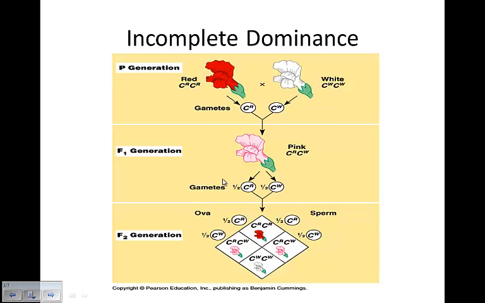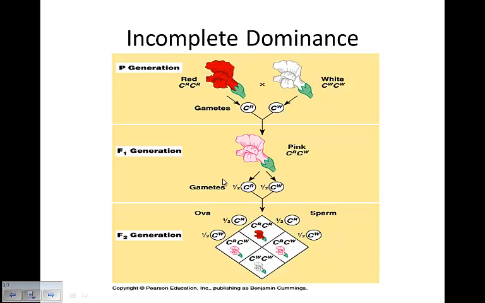All right, incomplete dominance, on the other hand, is where information from both alleles is expressed. So both alleles are going to show. In this case, we have the red and the white, and we're blending these. Now, this is what they used to think happened. They used to think blending inheritance. So if you took someone tall and someone short, you get someone medium.